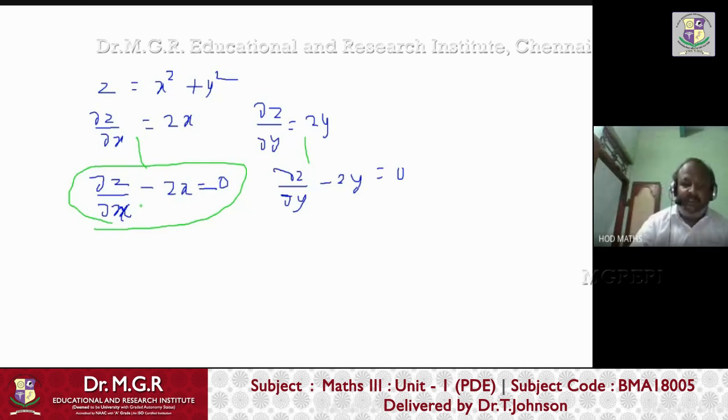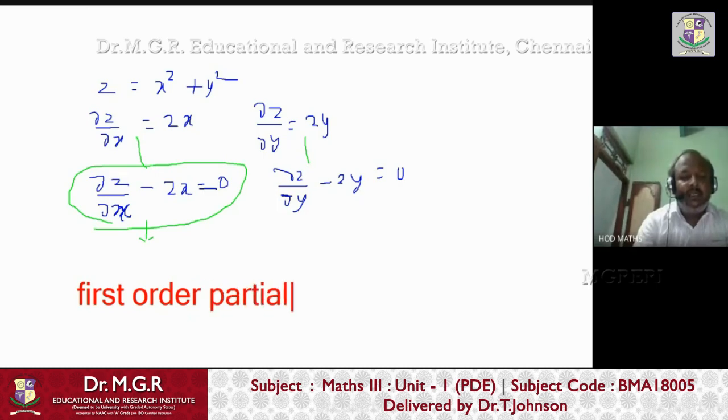So it is a partial differential equation, and in particular it is called a first order partial differential equation because the derivative it has, dou z by dou x, is a first order partial derivative. So we call these first order partial differential equations.